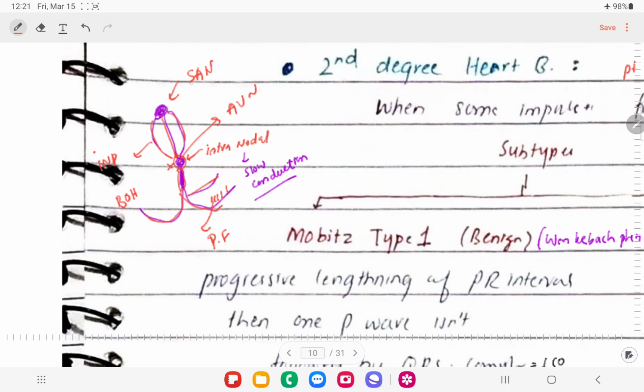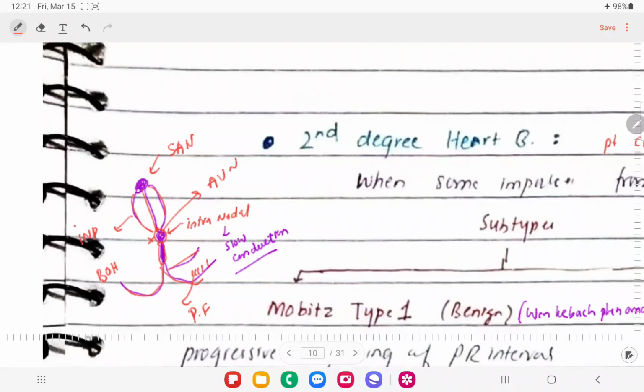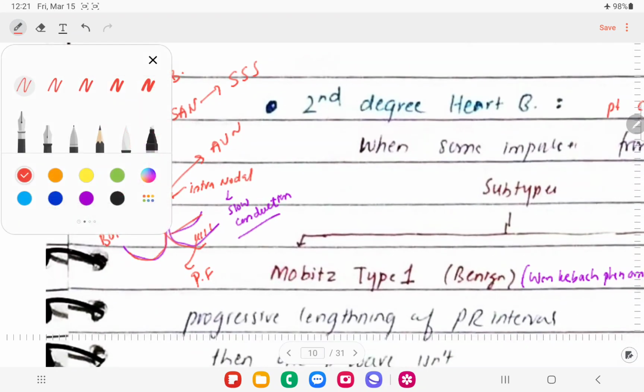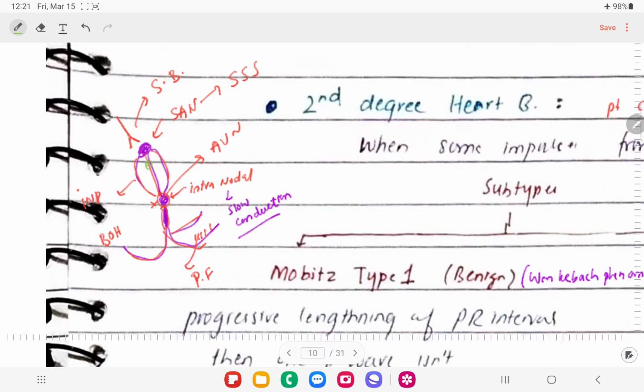When there's dysfunction of the SA node, we get the condition called sick sinus syndrome. When there's high vagal tone of the SA node, we call it sinus bradycardia. When there are lesions in the pathways between the intranodal pathways, that condition is called first degree heart block.